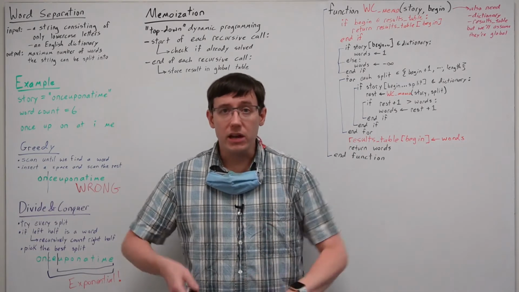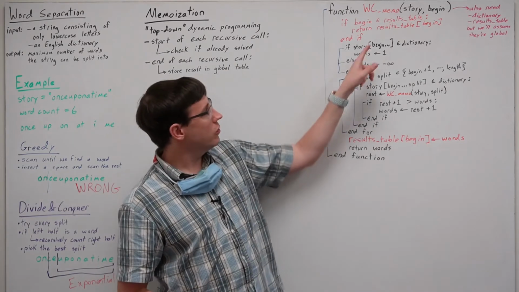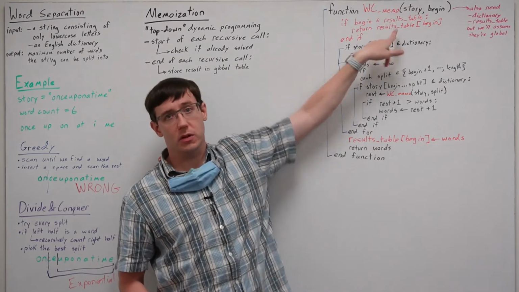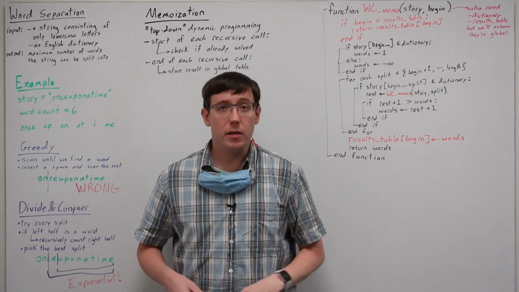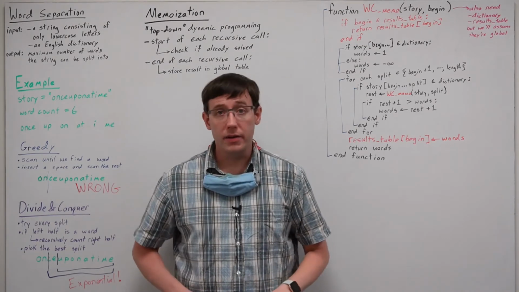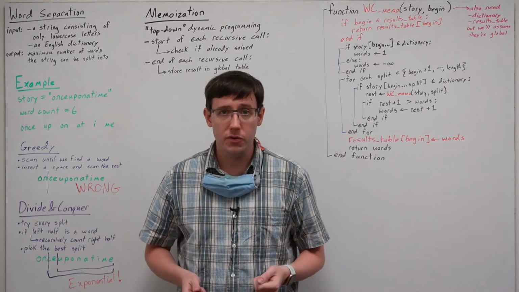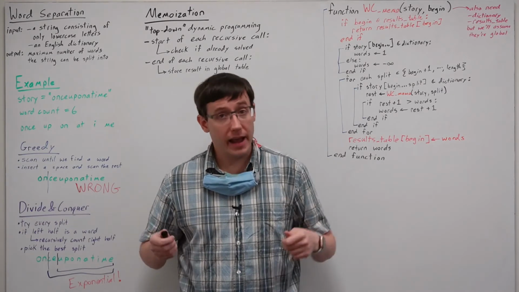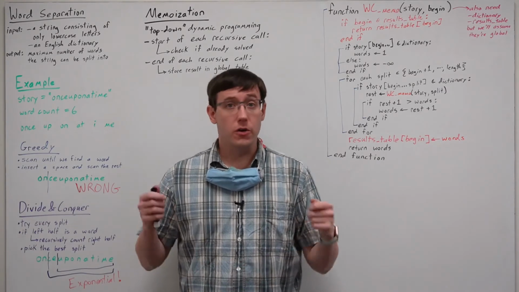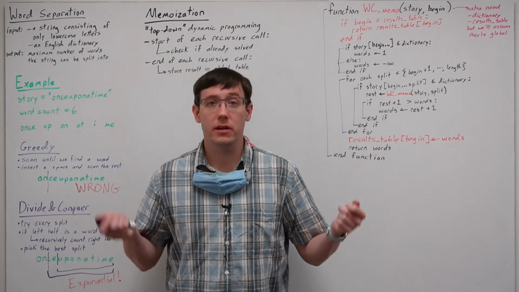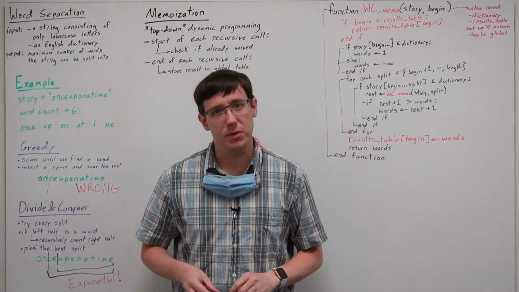about what data structure we are using to store this results table. In practice, you might pick a hash table, but to guarantee that we have big O of 1 lookups, we'd rather allocate an array of known size that can definitely store all the possible subproblems.